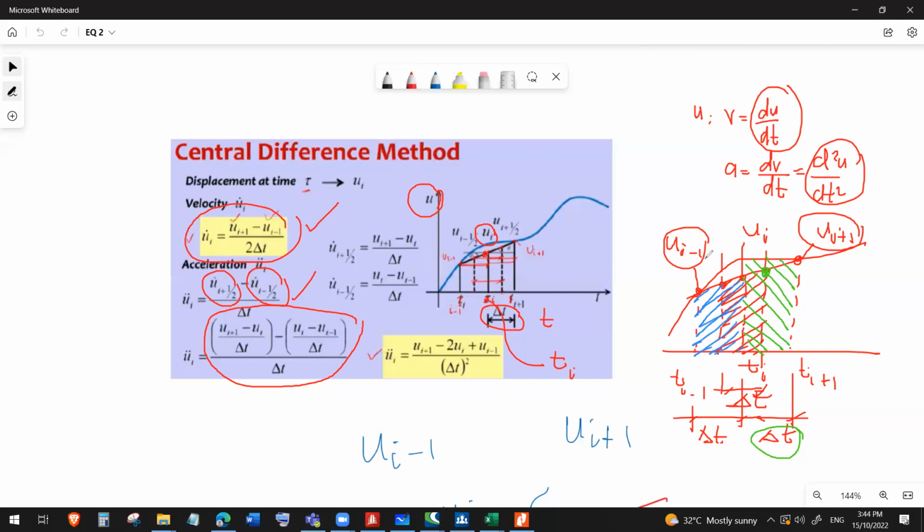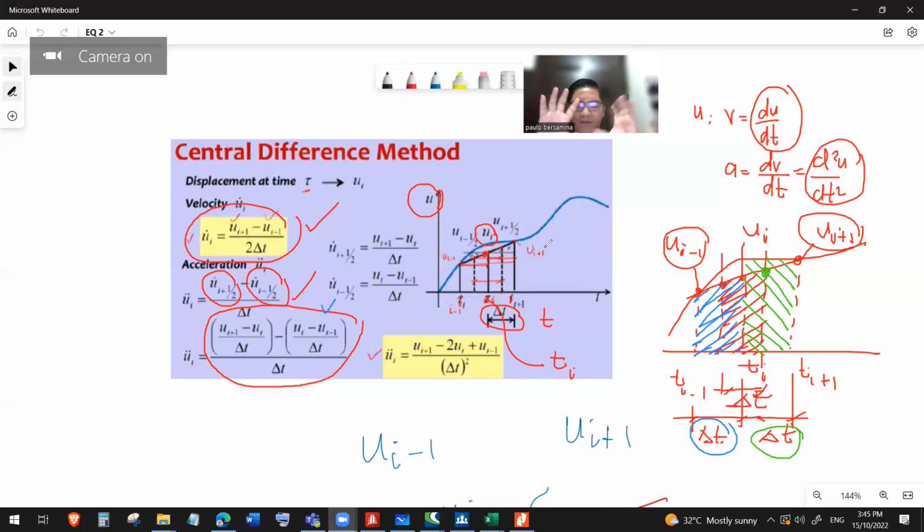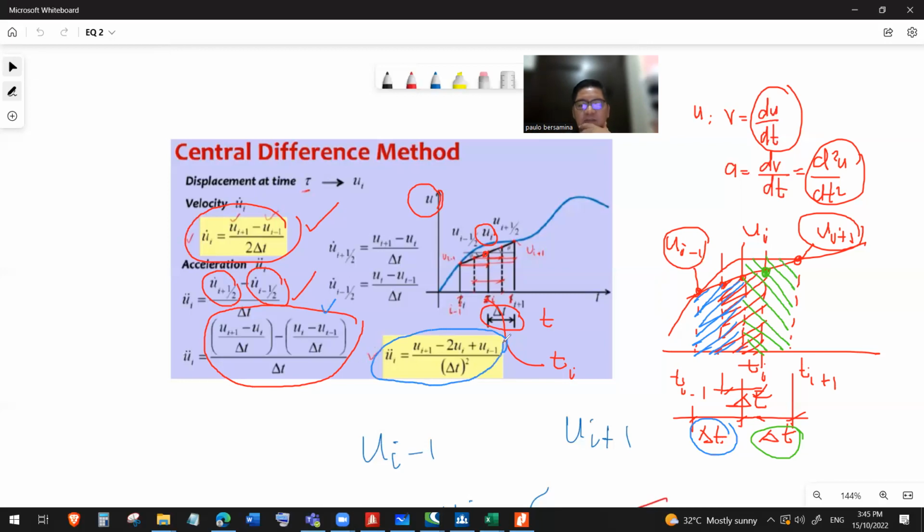And that is also delta t. So, this one, u sub i minus 1 over delta t. So, pinapagitnaan lang naman nila. Okay? And then, of course, algebra na lang, no? Algebra, manipulate that, simplify, you will derive this. Okay? So, that's the acceleration, no?